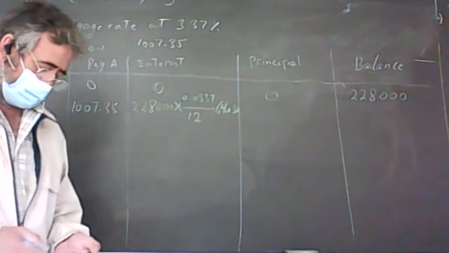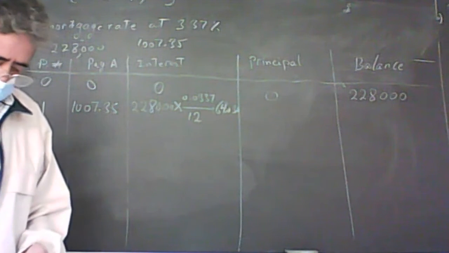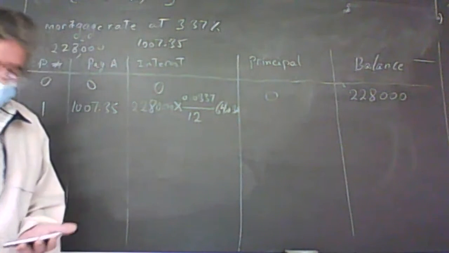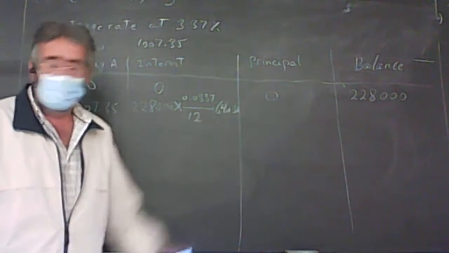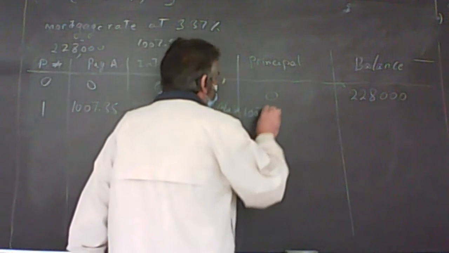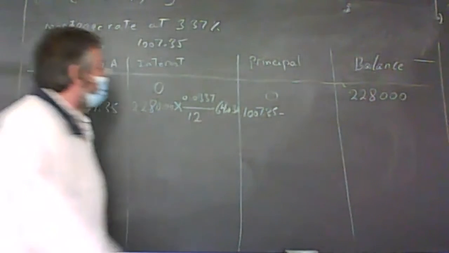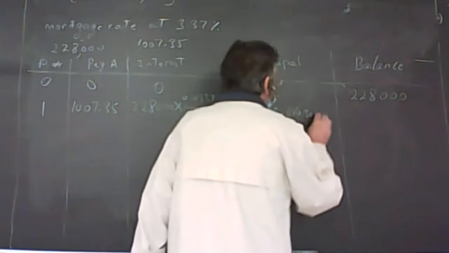Now I need to figure out what portion of my payment went toward the principal. That's going to be 1007.35, and I'm going to take away the interest, which is 640.30.